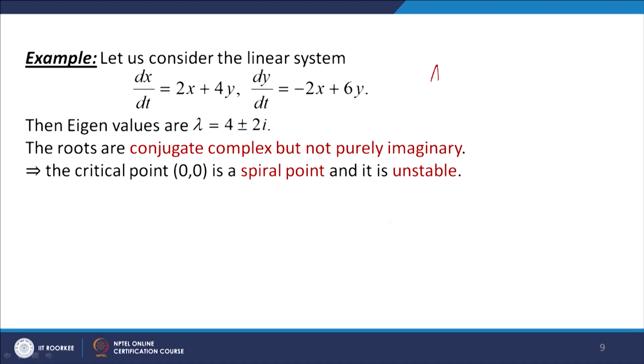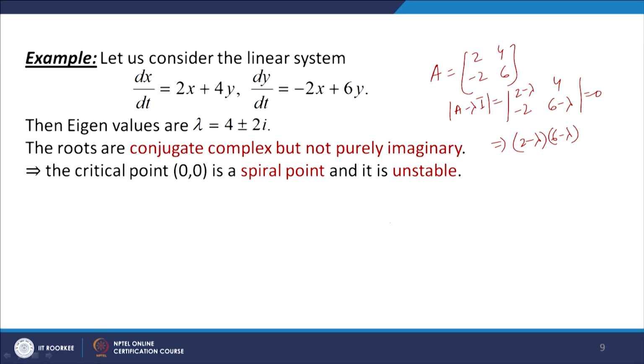So here A is the matrix [2 4; -2 6], and so the characteristic equation is the determinant of A minus lambda I equal to (2 - lambda)(4; -2, 6 - lambda) = 0, and this gives (2 - lambda)(6 - lambda) + 8 = 0, or 12 - 6 lambda - 2 lambda + lambda squared + 8 = 0. So I can say this is lambda squared - 8 lambda + 20 = 0.